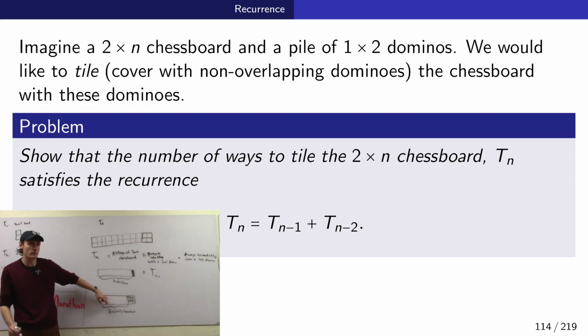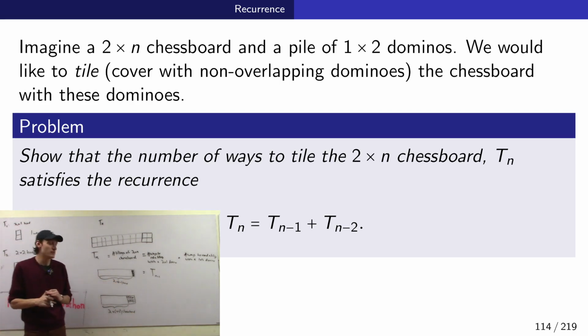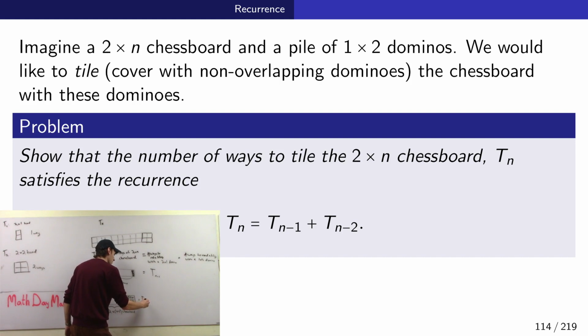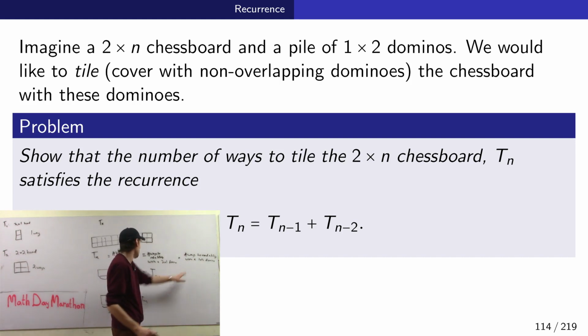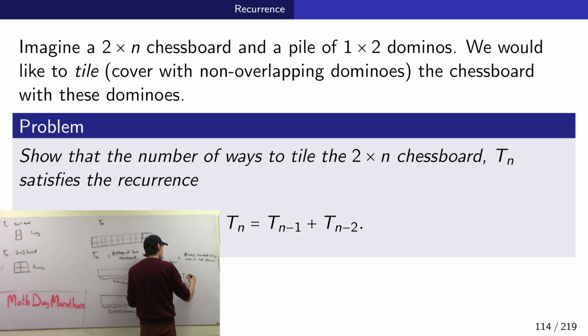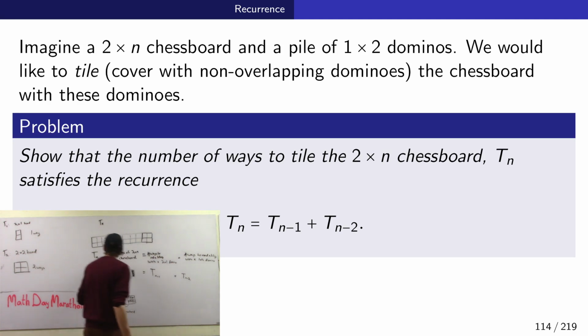It's covered in these 1x2 dominoes. That means how many ways can we do that? There's t sub n minus 2 ways to tile all of this, and then we can smack down two horizontal dominoes at the end. So the number of ways to end a tiling with a 1x2 is t sub n minus 2. So what does that mean?